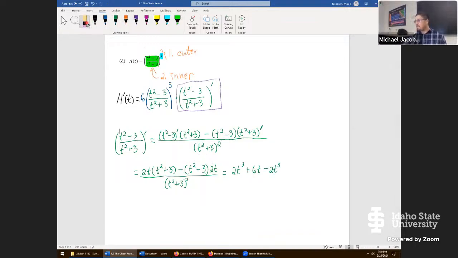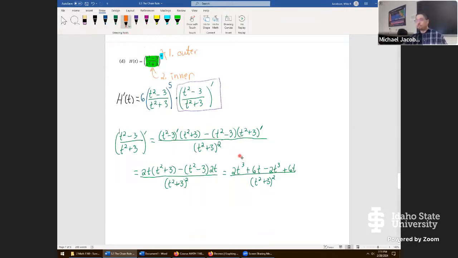Then distribute again. The negative sign multiplies that, makes it a +3. At the other end, 2t multiplies it, and now we have plus 6t. So here's our plus 6t for that distribution. t squared plus 3 squared still in the denominator. And here's our reward for all that hard work.